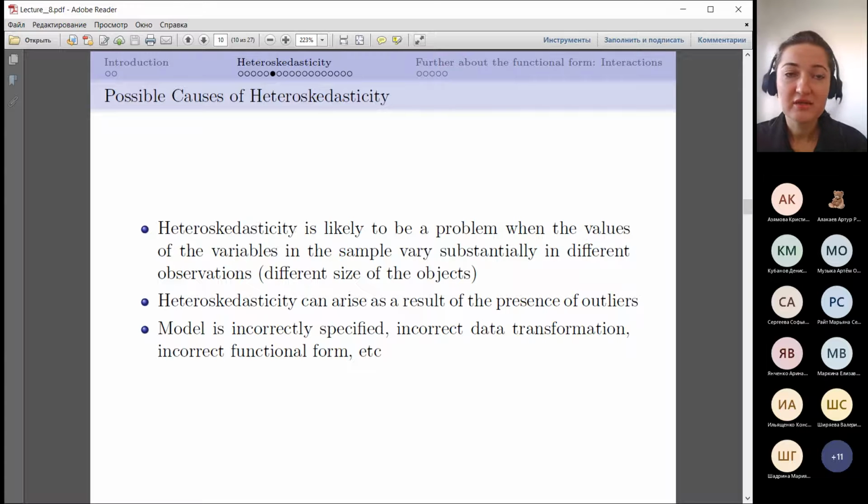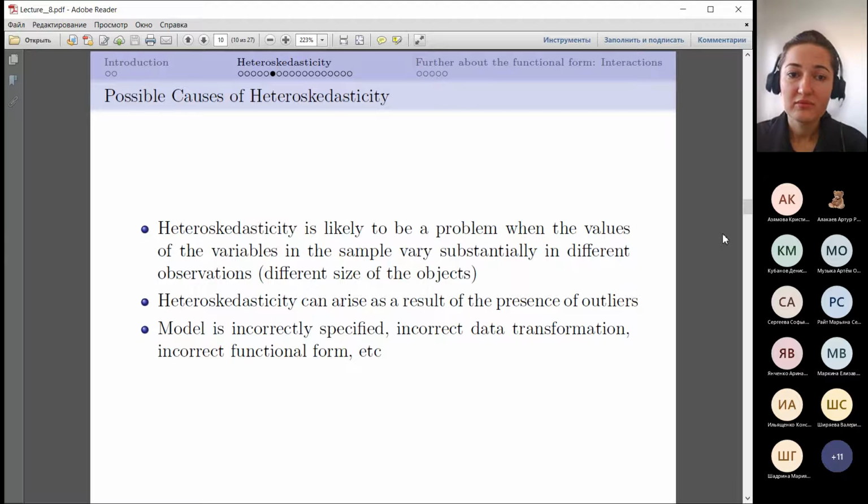So let's take a look at another example. Let's say that you work with a sample of different countries and you want to find the effect of value added in manufacturing on gross domestic product.